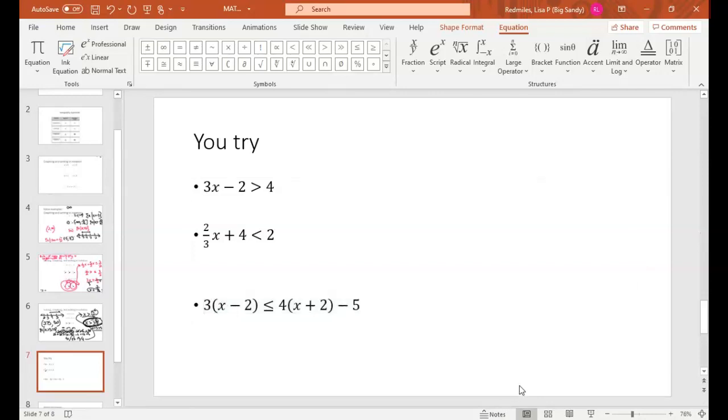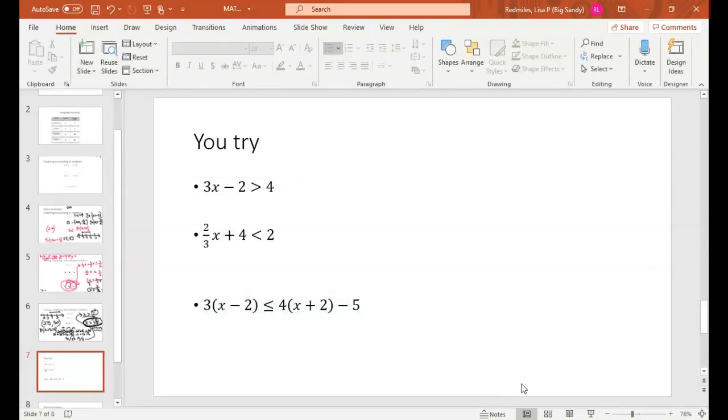So graph them and write them in those notations.